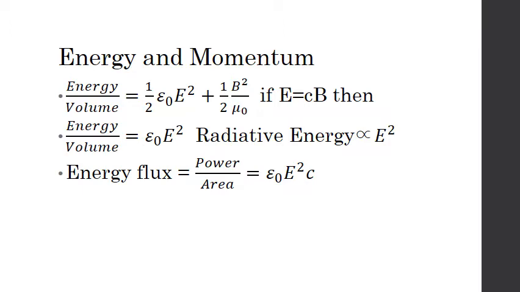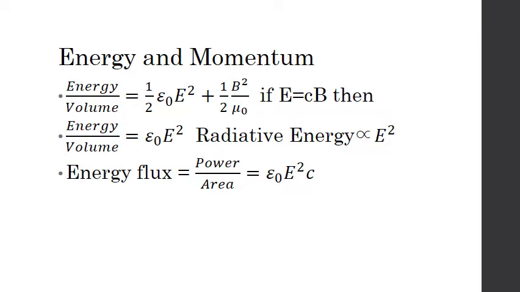And if we do all our calculations for the energy per unit volume and then multiply that by a volume, we get an expression that we can write out the energy flux as epsilon naught times E squared times the speed of light.